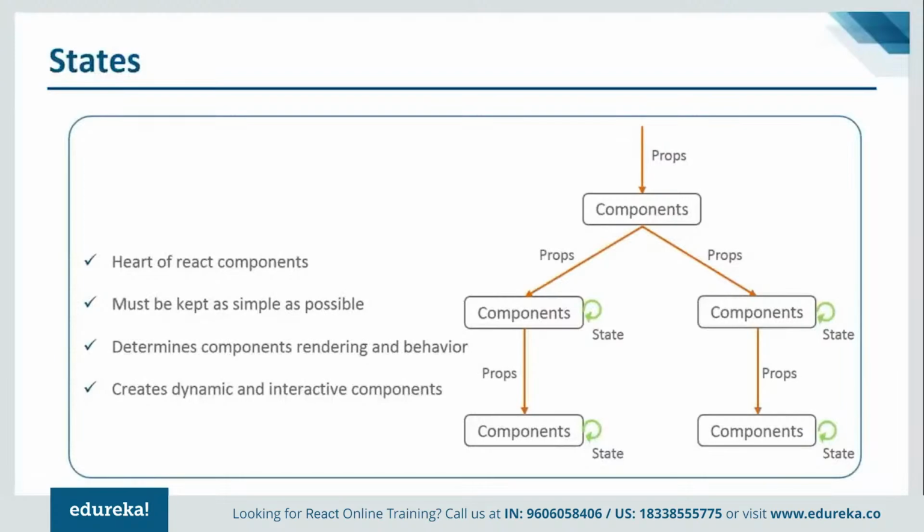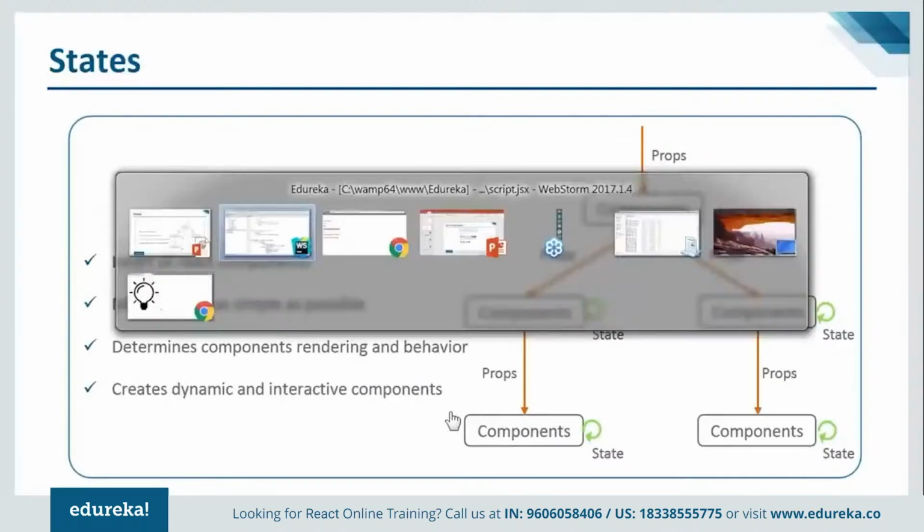You can say that they determine the component's rendering and behavior, and therefore the state must be kept as simple as possible. Using the states leads to dynamic and interactive components which adjust themselves according to the changes. So let's now see how the states can be assigned with the help of the demo.